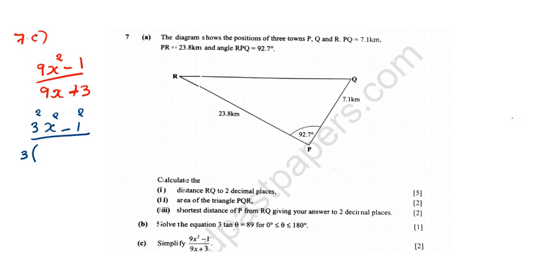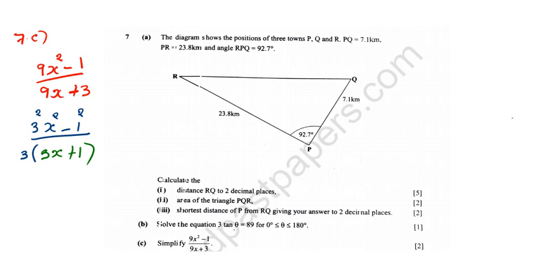I divide this common 3 into that 9, so 9 divided by 3, I'm getting 3x. Again plus 3 divided by that 3, I'm remaining with a 1.